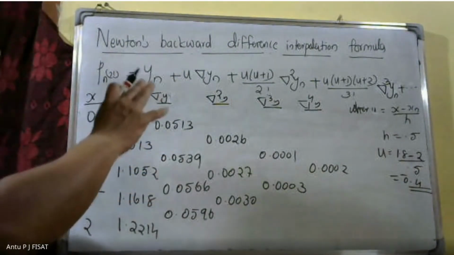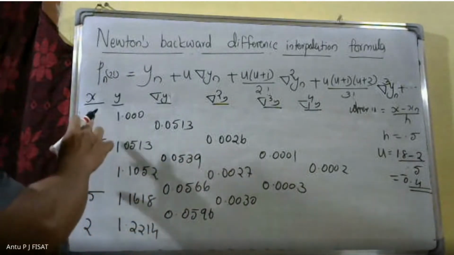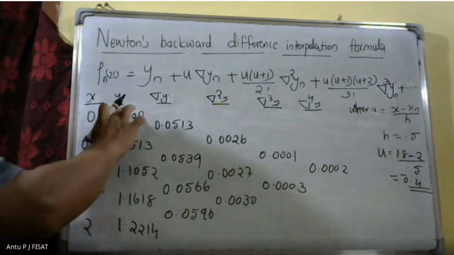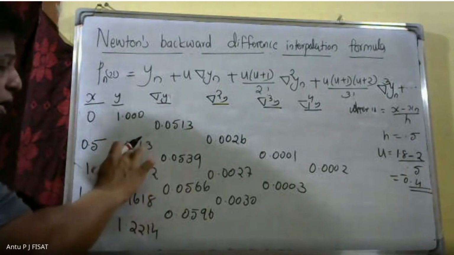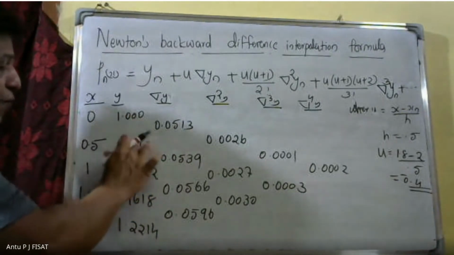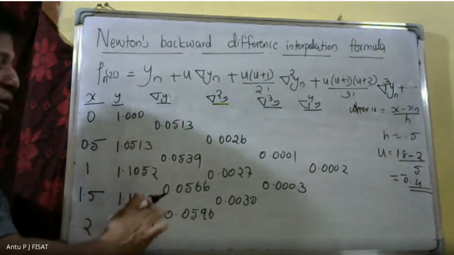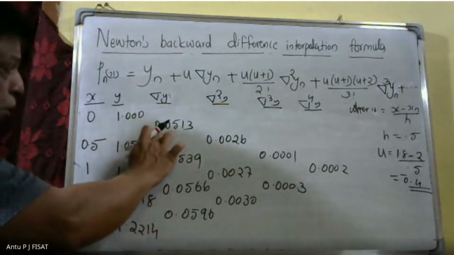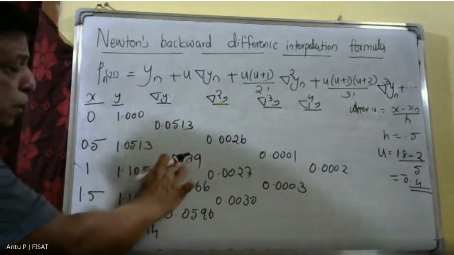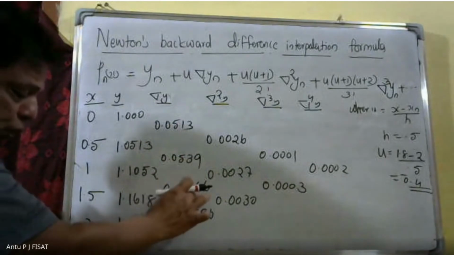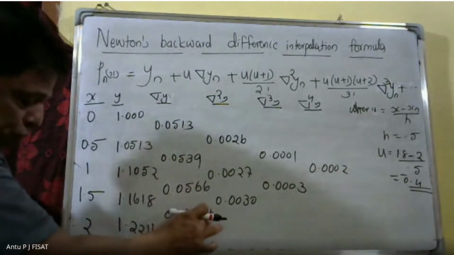So first you have to make the Newton backward difference table. First we write the x column here, then the y column here, then del y, by taking the differences. For that we get 0.0513, 0.0539, 0.0566, 0.0596.